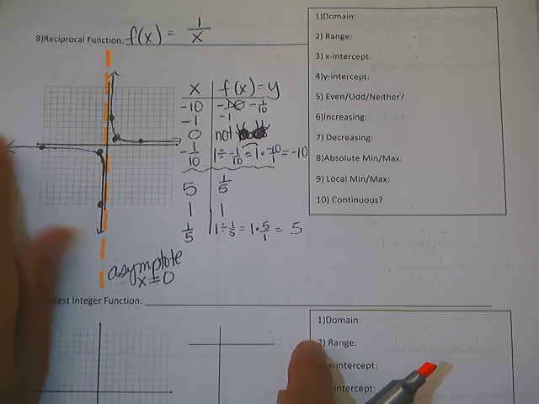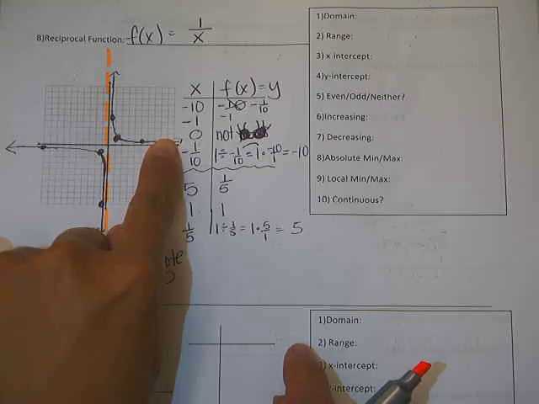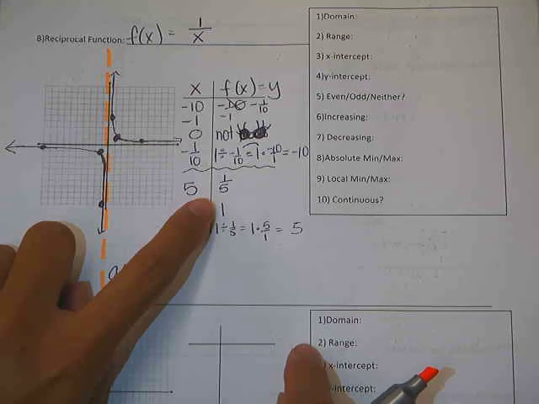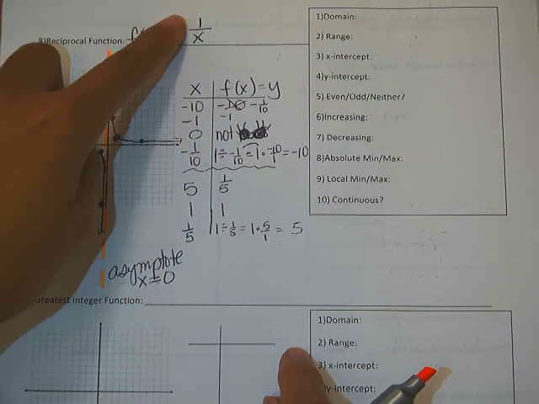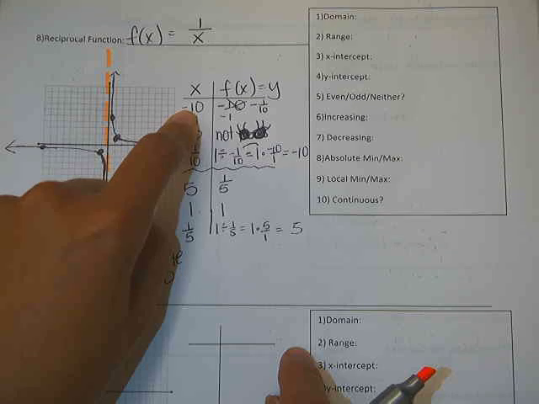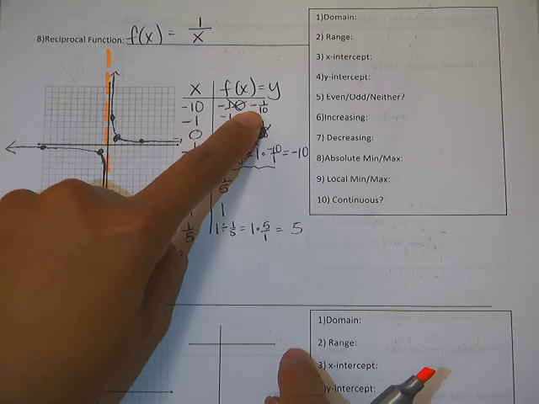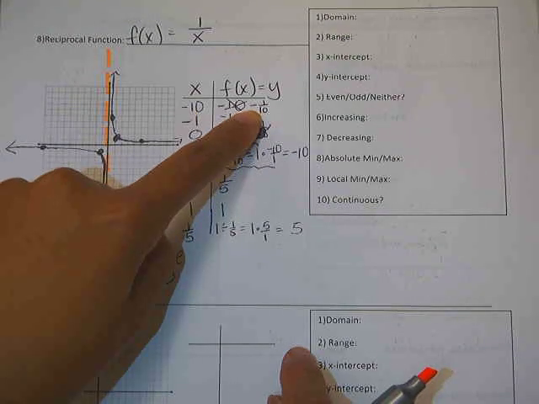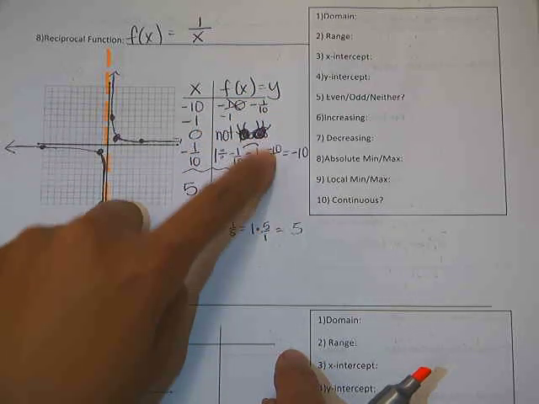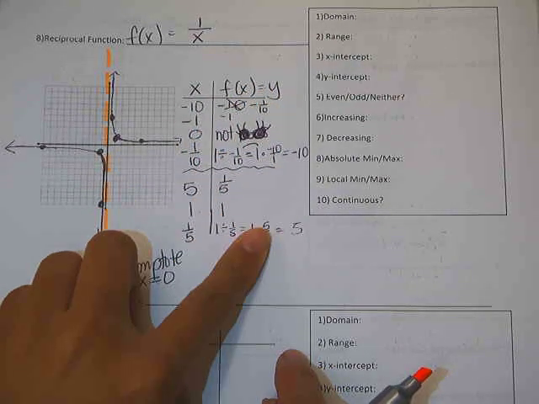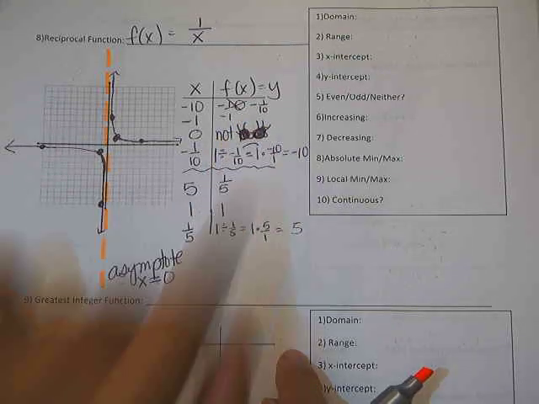Also, there's another asymptote on the y. Okay? Because it doesn't matter what value I pick. Negative 100. So let's pick negative 100. 1 divided by negative 100. It's a small number. Negative 1 over 100. But it's still not 0. So notice y could never ever be 0. Y will always be some number that is not 0.